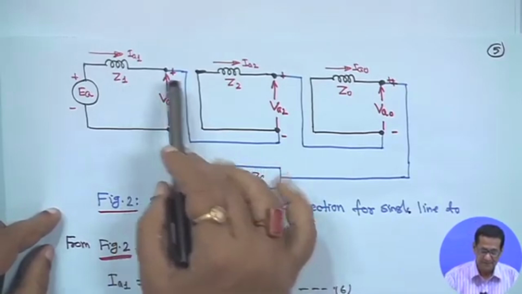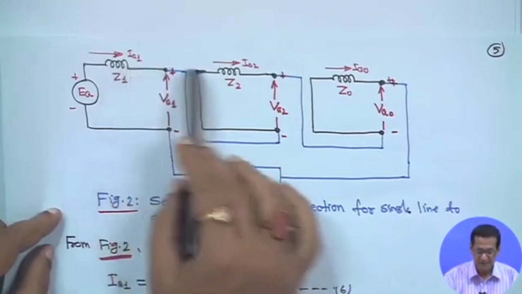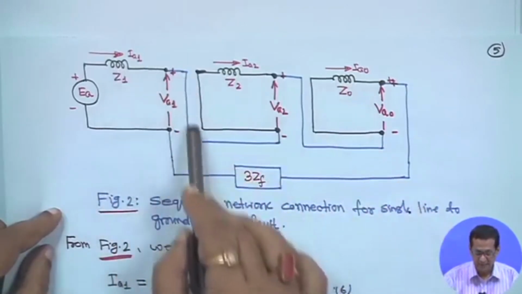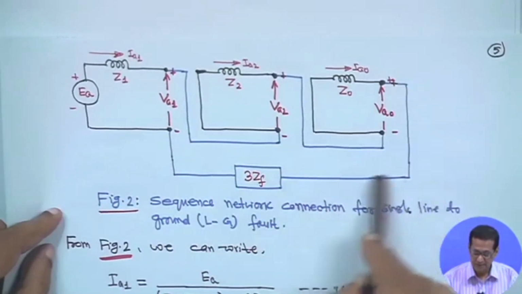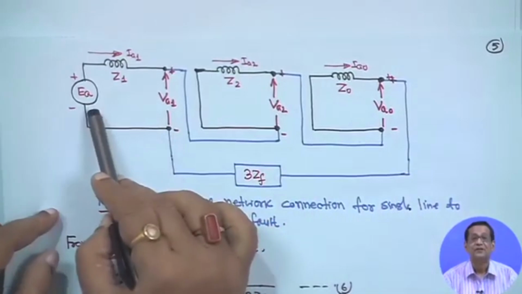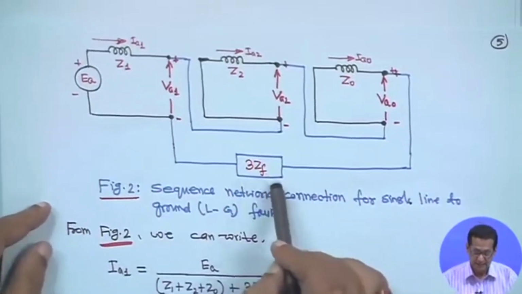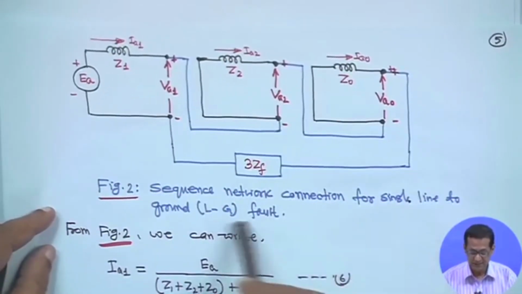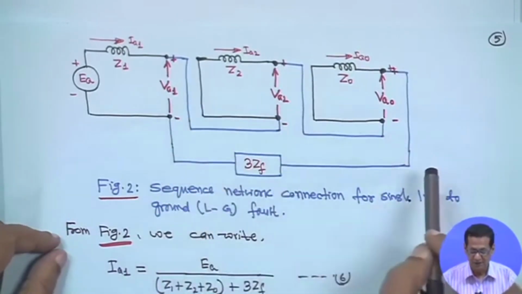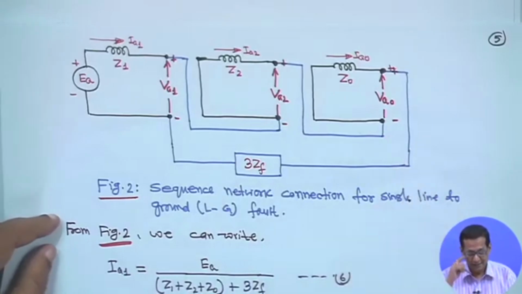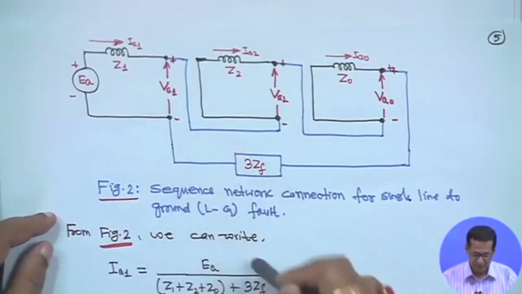In this case you can see that IA1, IA2, IA0 are all the same, because the current flows like this, like this, like this, and returns to here. This is actually the sequence connection for a single line to ground fault, and if you apply KVL, I will come to that.